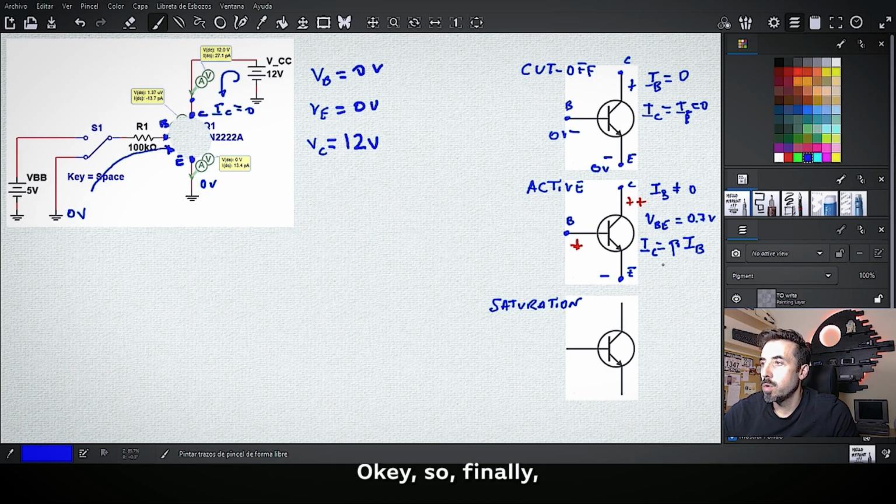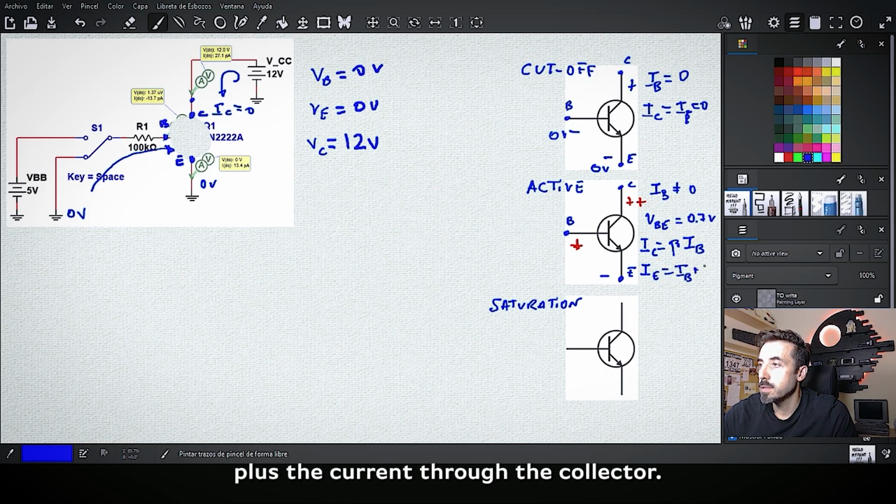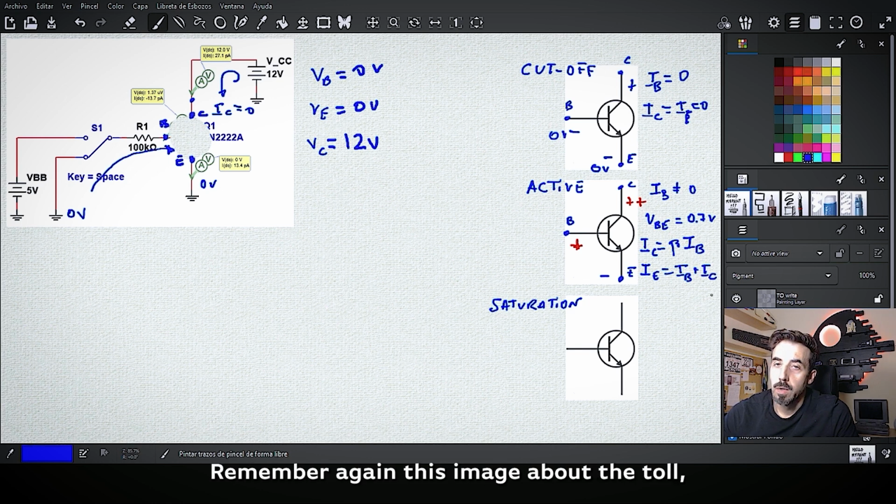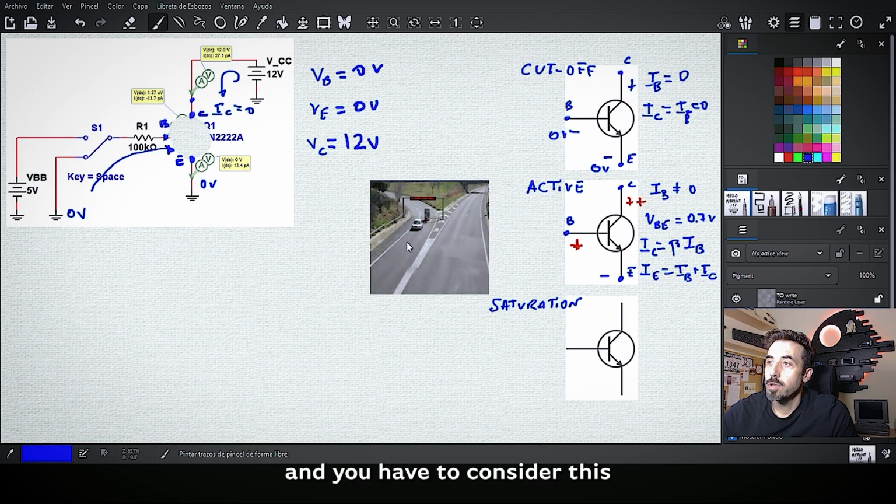Finally, another important equation is that the current through the emitter is going to be the current through the base plus the current through the collector. Remember again this image about the toll, and you have to consider this junction here. I'm going to make another analogy: here you are going to have the base, here the collector, and here the emitter.